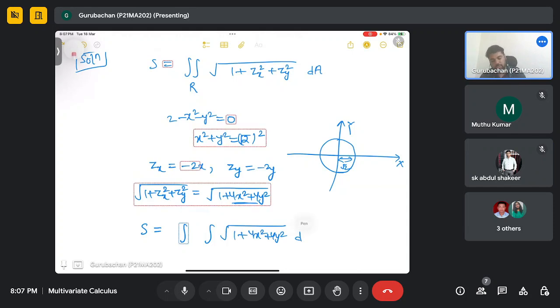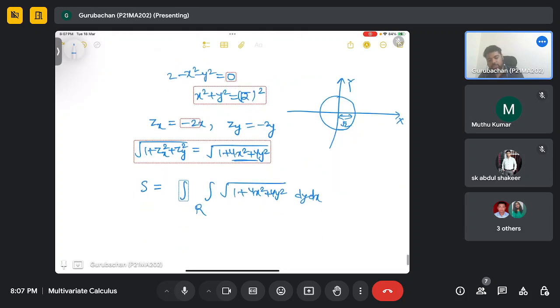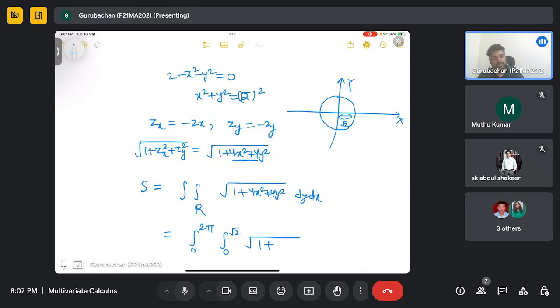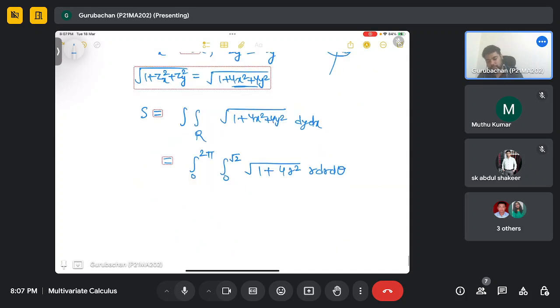We need to think of a smarter way. So precisely, we can change to polar coordinates, theta from 0 to 2 pi, r from 0 to root 2, and this will be the square root of 1 plus 4r square, times r dr d theta. Calculate this one.